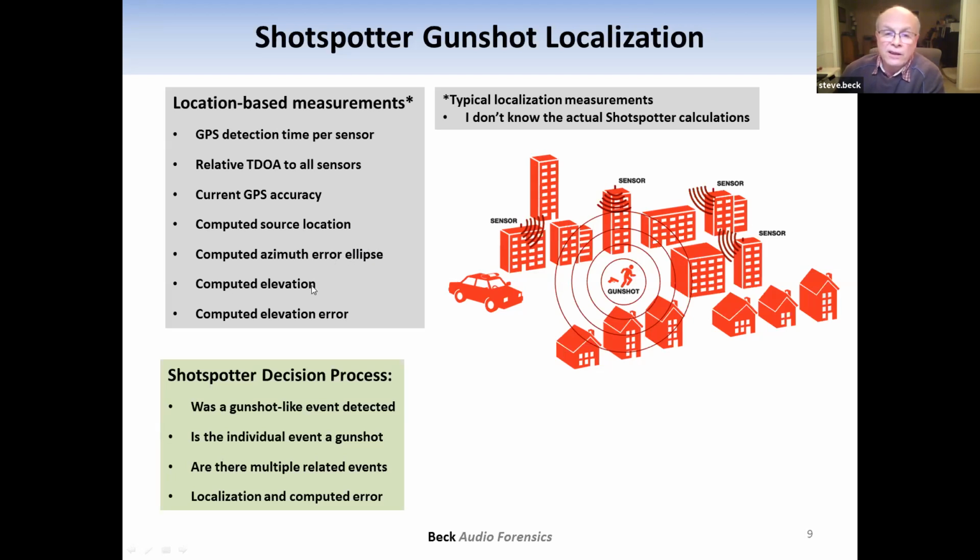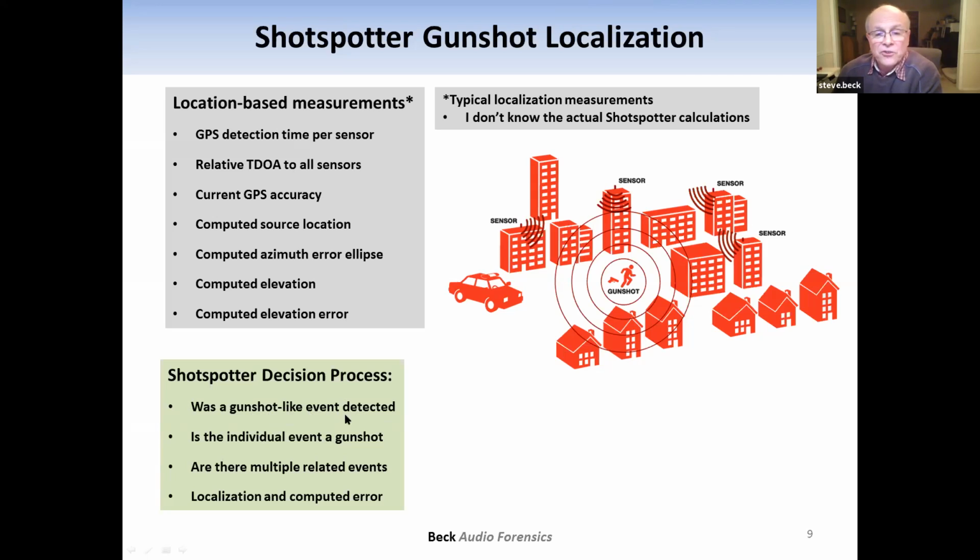Try and compute the elevation and also the elevation error. And all of those things go into the confidence in any of these estimates. And they use all of that information to say, are we going to send this on to EMS and on to the police?